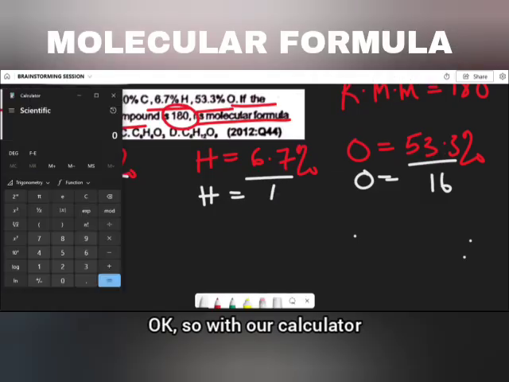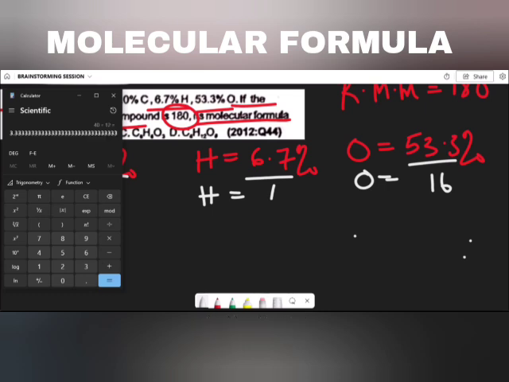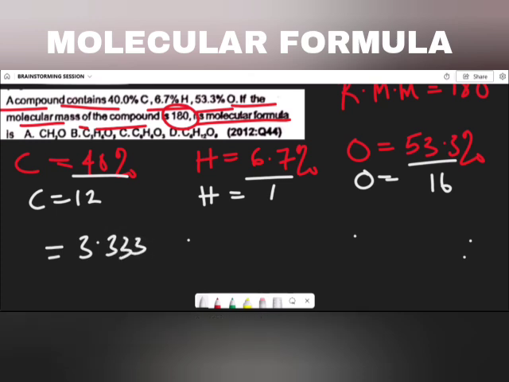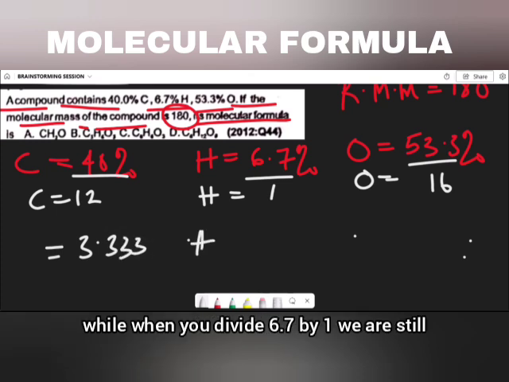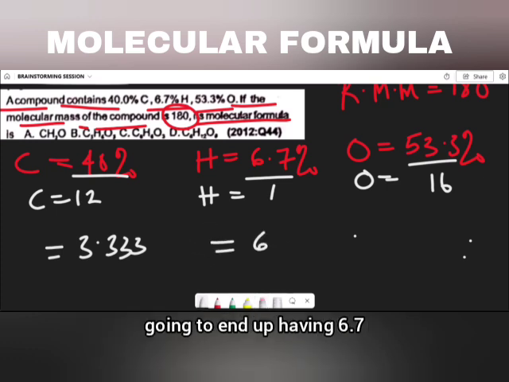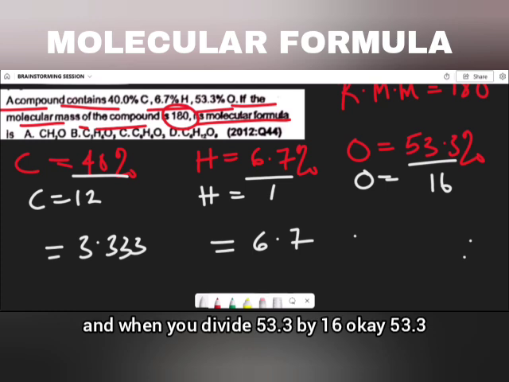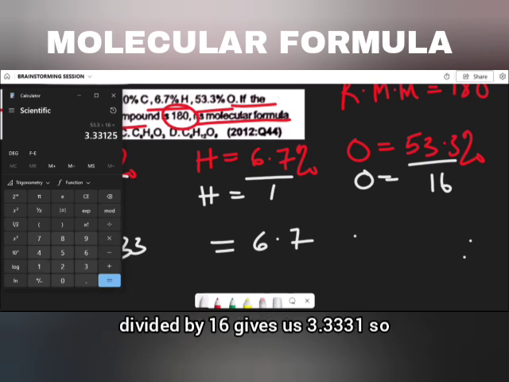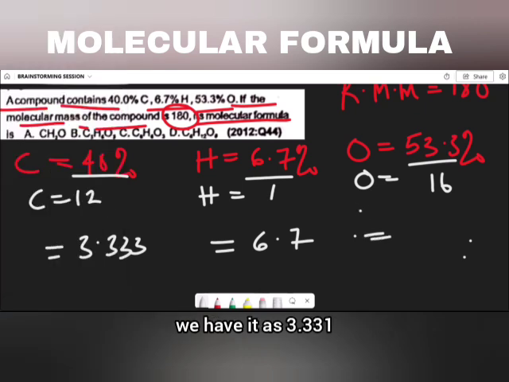Okay, so with our calculator, we have that 40 divided by 12 is 3.333. While when you divide 6.7 by 1, we are still going to end up having 6.7. And when you divide 53.3 by 16, that gives us 3.331.